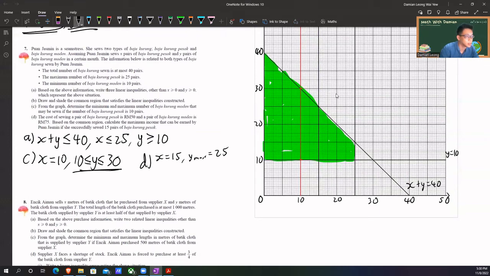So maximum income will be 50 times the number of baju kurung pesak, 15, plus 75 times the number of baju kurung modern, 25. Add together. So just calculate this: 50 times 15 plus 75 times 25. You can use your calculator. 2625. So it is ringgit Malaysia 2,625.